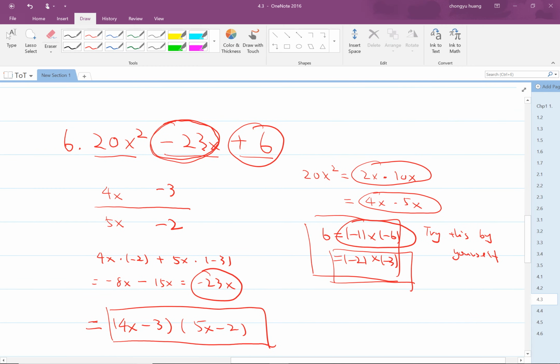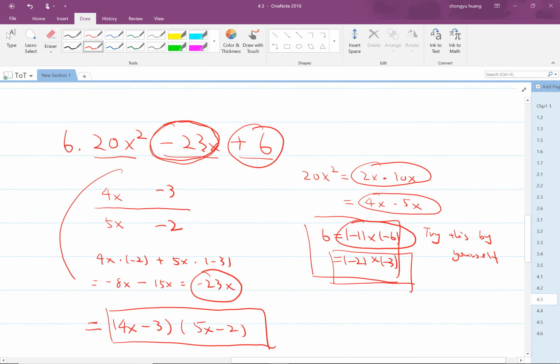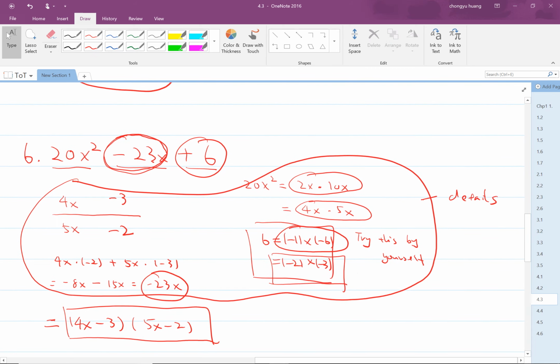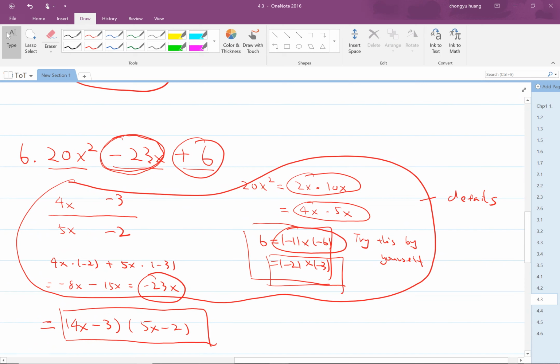All the things over here are the details, so you can leave out the details. I just want to make sure you guys understand, so I won't erase it. But those are all the details, so you don't have to show it.